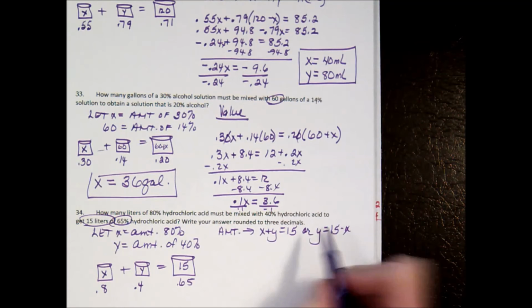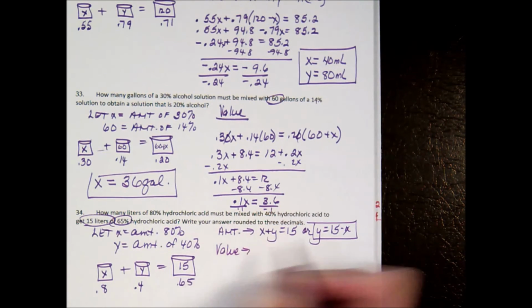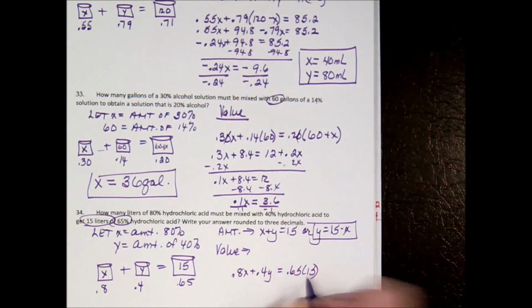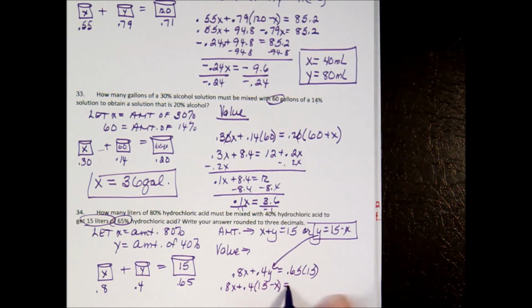And then my value equation is 0.8x plus 0.4y equals 0.65 times 15. Substitute: 0.8x plus 0.4 times 15 minus x equals 0.65 times 15, which is 9.75.